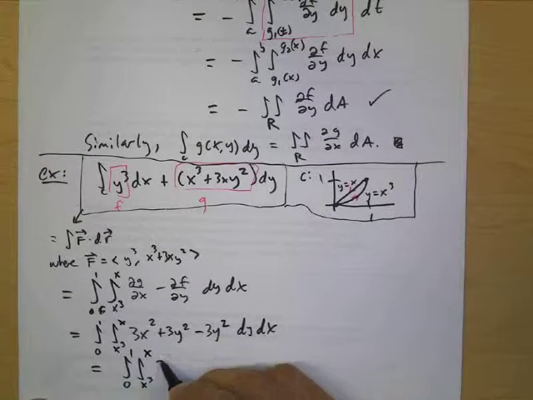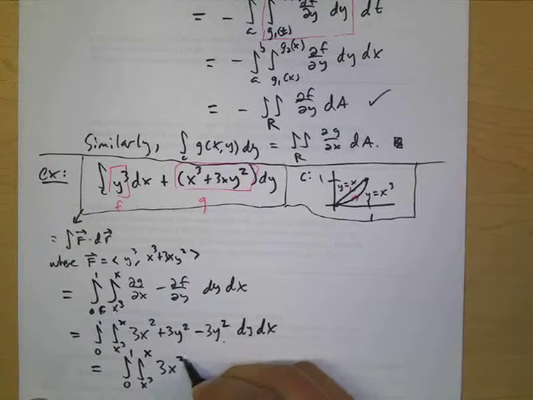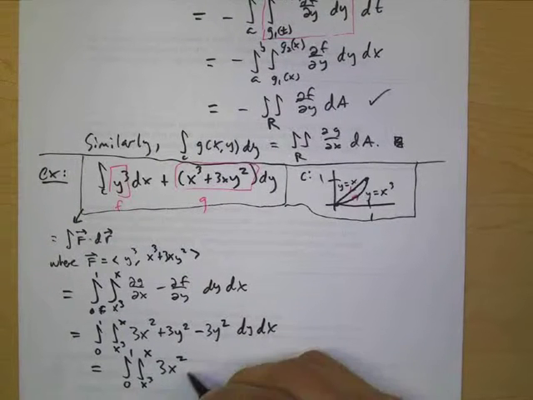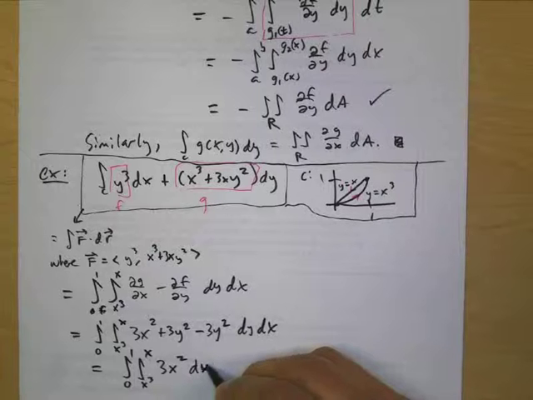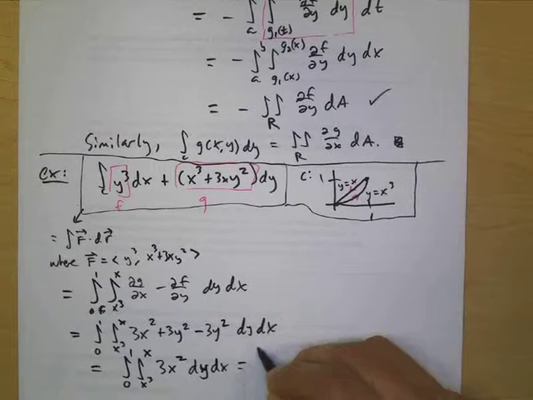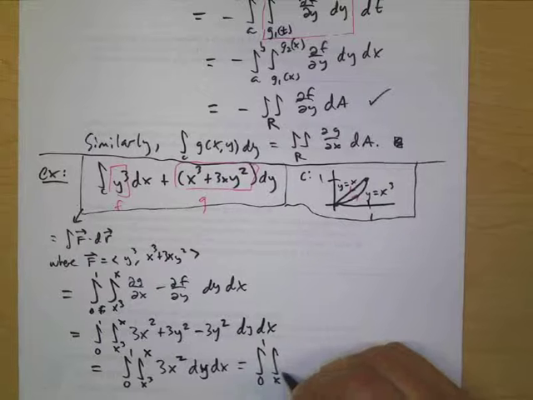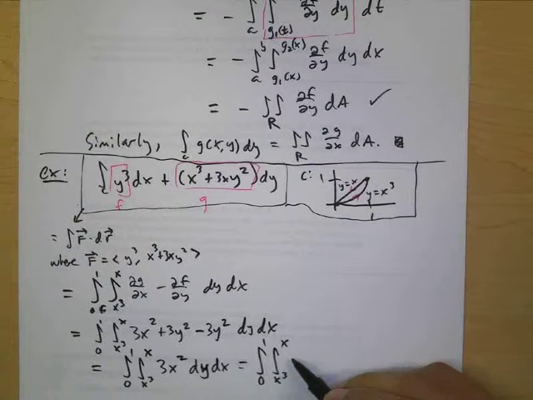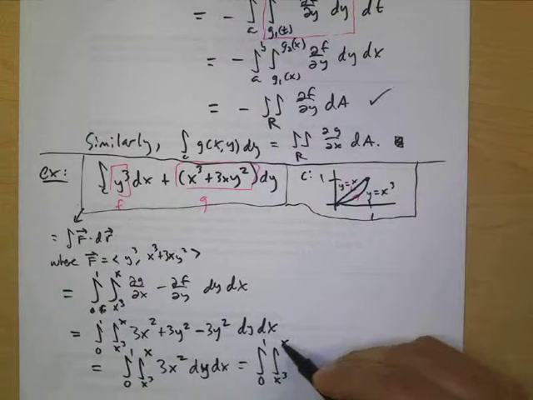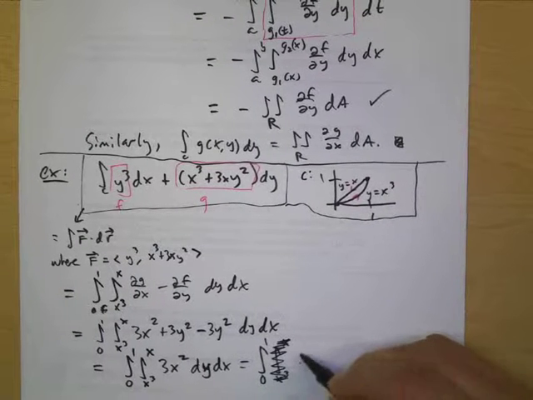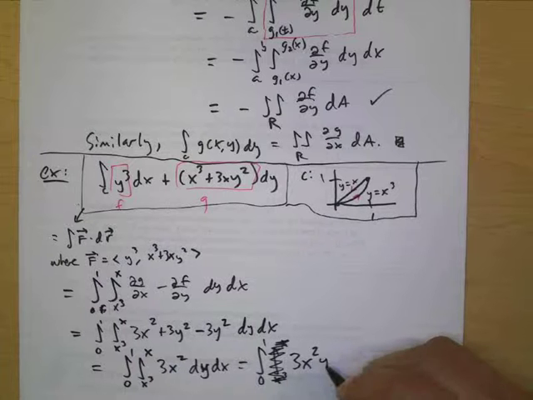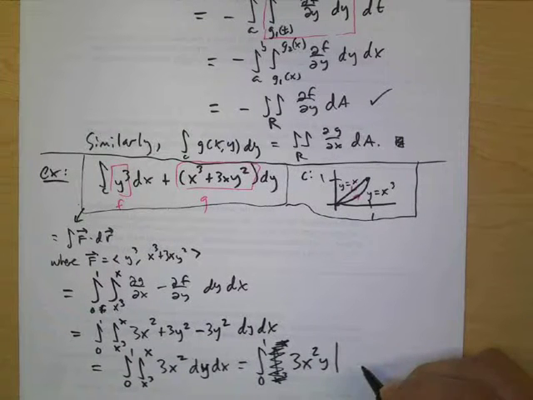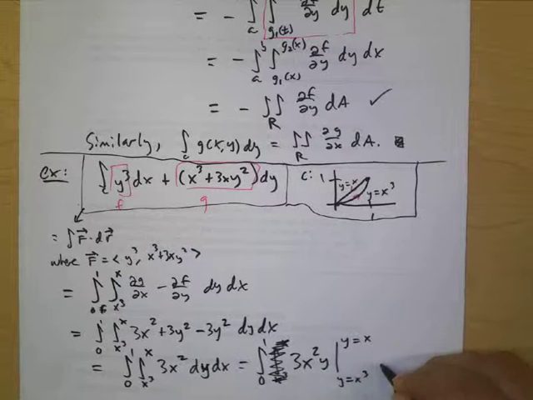So that's just going to be 3x squared dy dx. So that becomes 3x squared. Well, I guess I don't want this bound in there anymore. Sorry. 3x squared times y from y equals x cubed to y equals x dy.